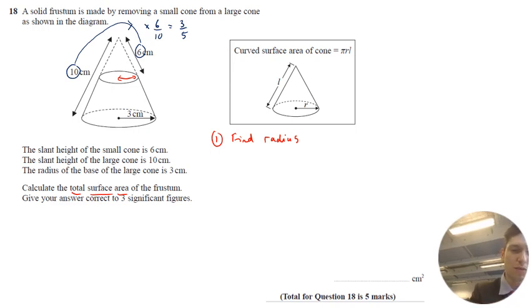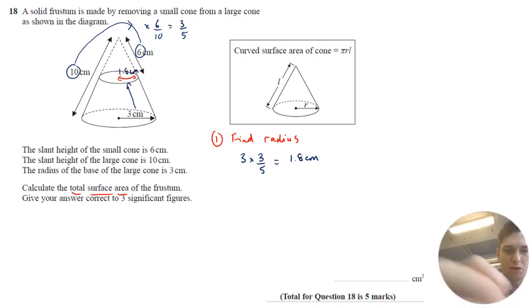So to get my smaller radius, I'm going to do 3, which is my big radius, times 3 over 5, which in my calculator is 1.8 centimeters. Okay, so that gets me my first mark.